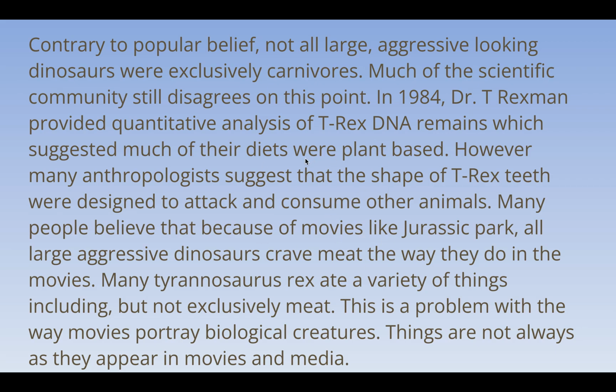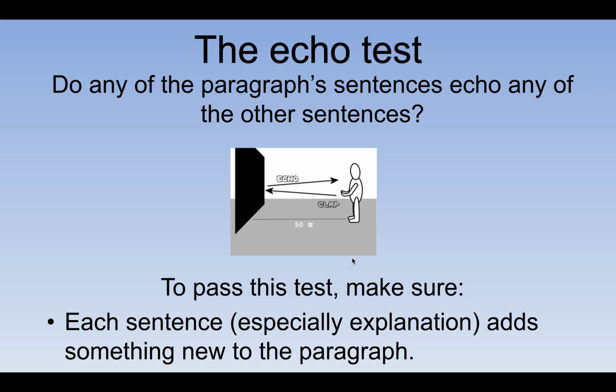Ultimately, we determined that this paragraph could be a one-headed fish, so to speak, or it could have one single focus if we made some adjustments, and I had y'all make adjustments. But as it is now, this is a two-headed fish, because it's trying to do two different things at once. We've got discussion of dinosaurs as not just carnivores, and then we throw in this other focus that's just distracting.